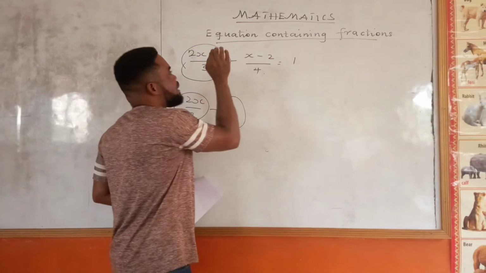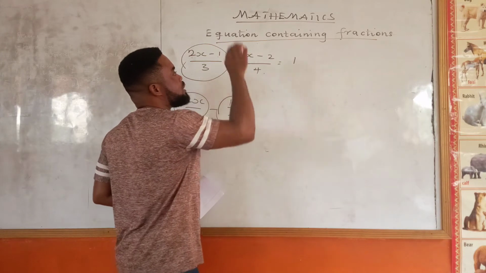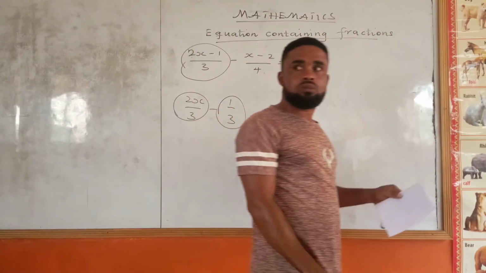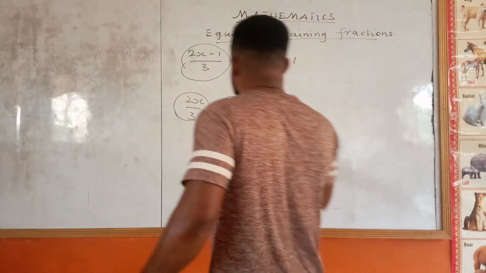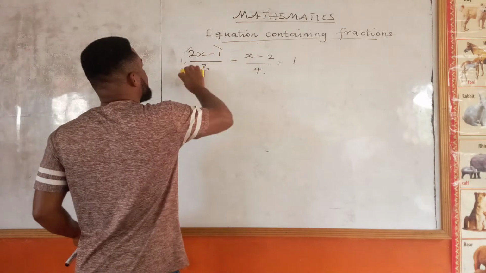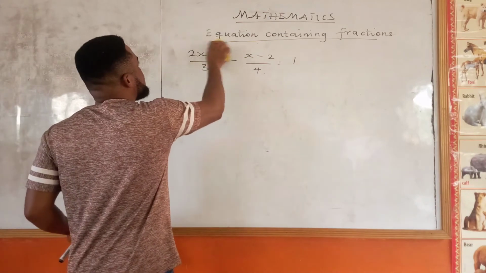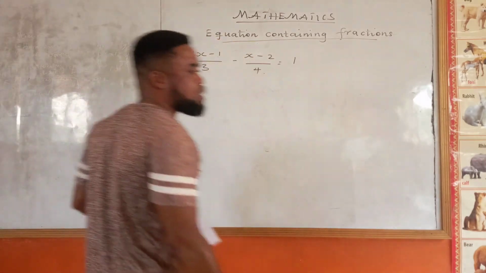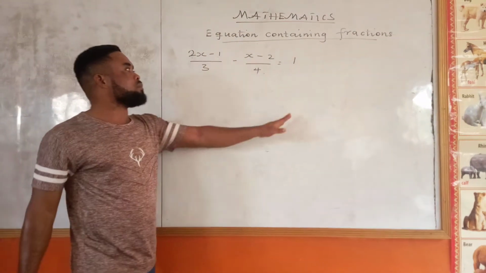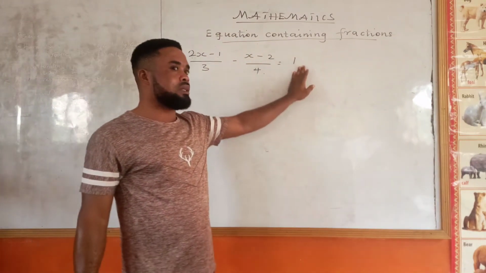So this is considered as 1 term, this one is 1 term, and that one is also another term. So you will see that we have 3 terms on the board. We see that we have 3 solid terms. So we have 1 term, another term, and then another term.